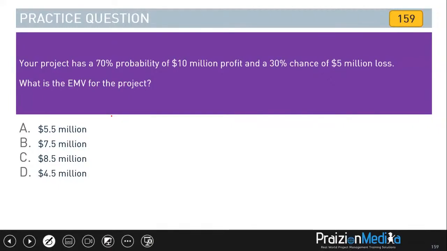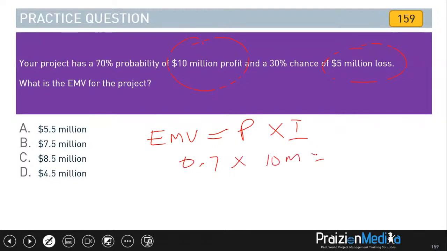All right. So expected monetary value is probability times impact. You need to do this for both the chance of loss and the chance of profit. You're going to have 0.7 times 10 million, and that gives you 7 million.